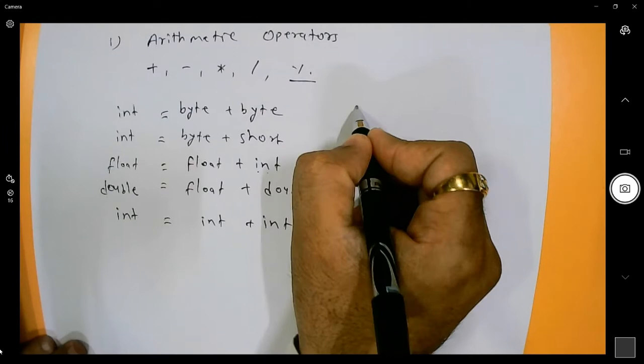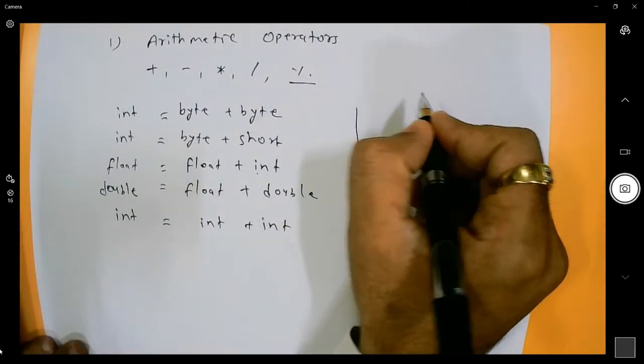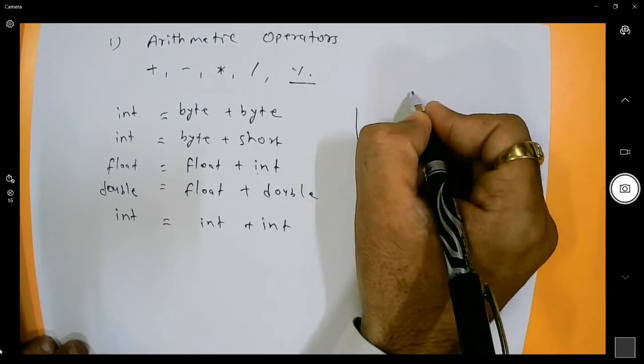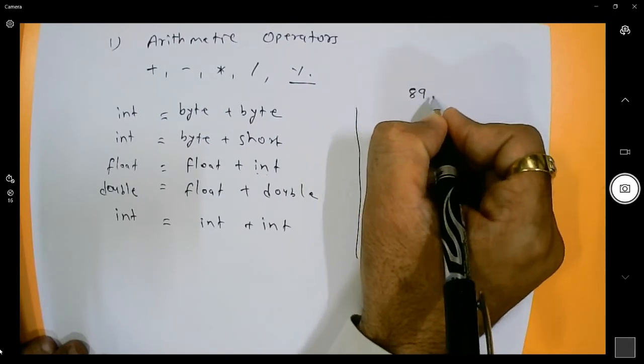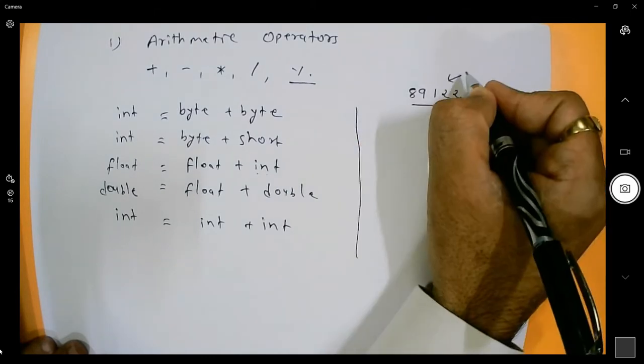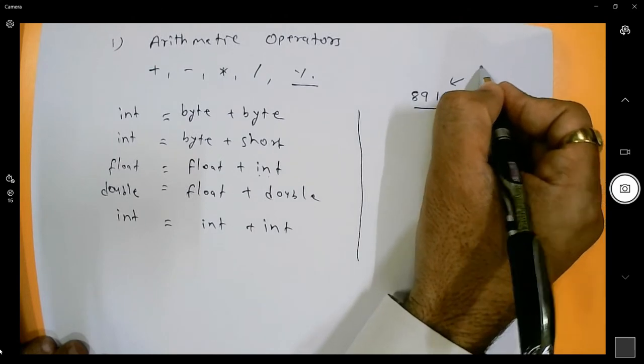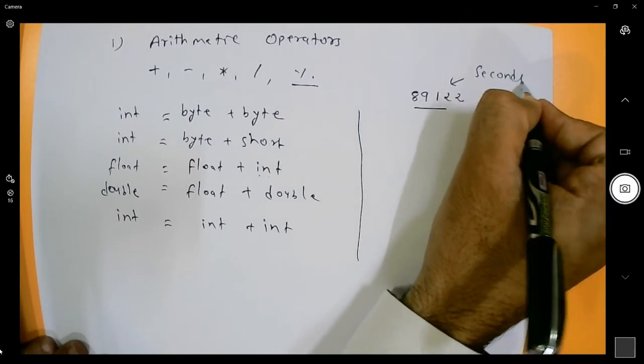For example, I want to write one program. If the user provides a value, and the value is 89,122, this 89,122 is the input, and this input is in seconds.